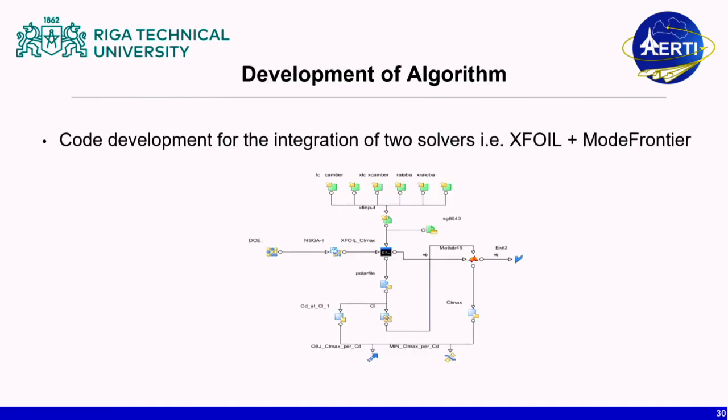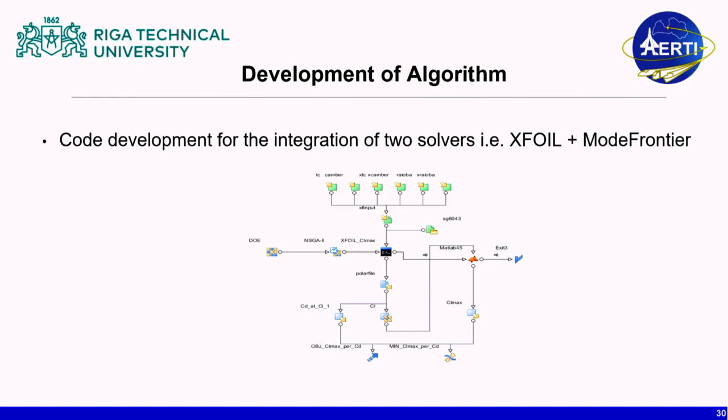Before I move to the results, I would like to explain the methodology we developed. It's a short view of the code we developed for the optimization process. X-foil is common, but it's very slow and it always requires a user interface. On the other hand, Mode Frontier is relatively new and a lesser used module for optimization.